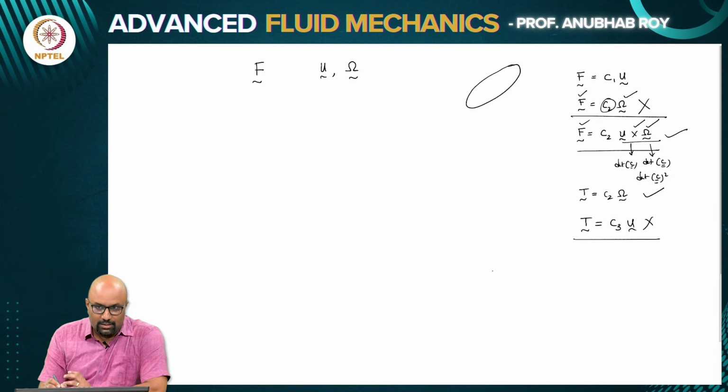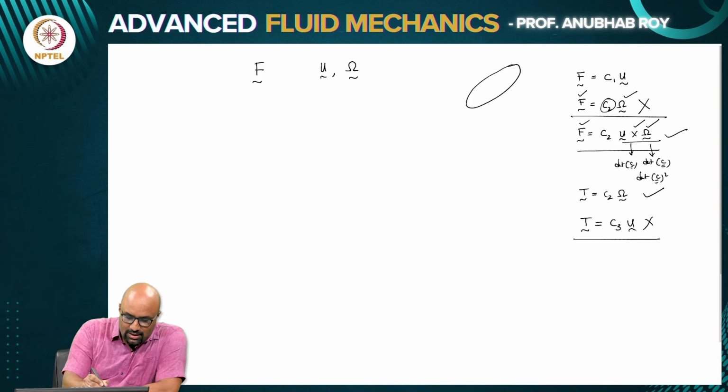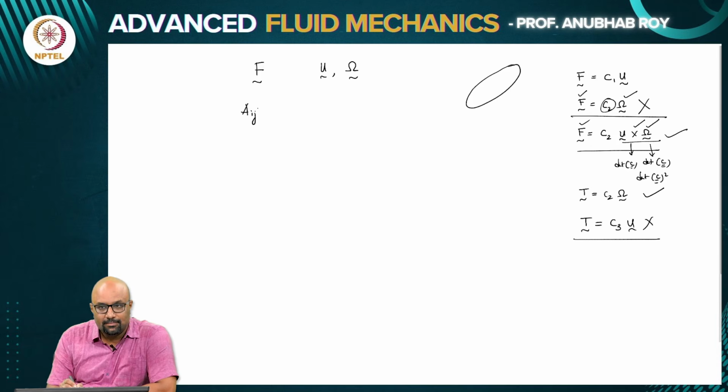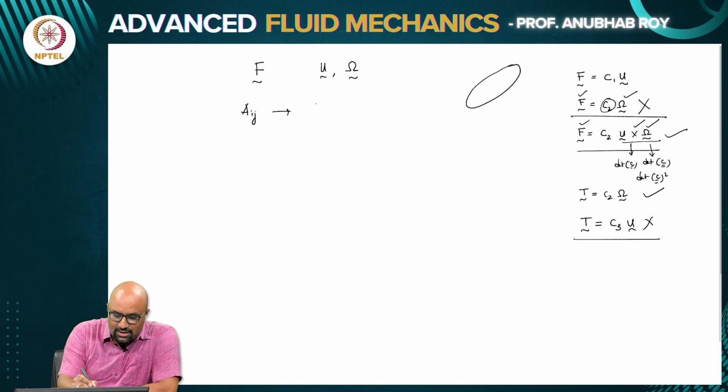So we now have some idea regarding what true vectors are, what pseudo vectors are, and we have been introduced to this quantity, which is an object that has two indices. This is now giving us a more general setting of what we call second order tensors.